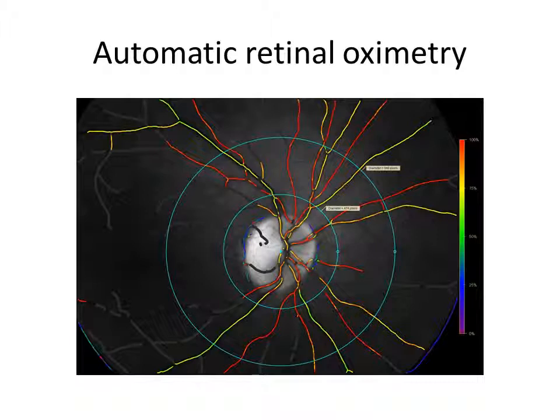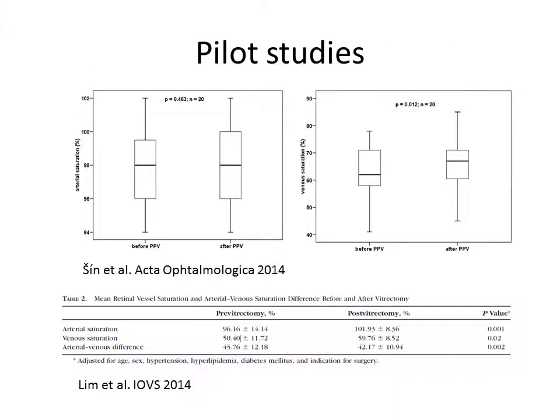We used the standard method, and we create concentric circles 1.5 and 3 times bigger than the optic disc in the center, and we measure all the values and calculate the average saturation for arteries and the average for veins, and by subtracting these we create the AV difference.